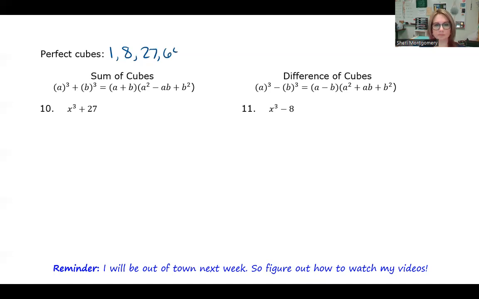Okay. What about 5 times 5 times 5? I really doubt you're going to see numbers bigger, but let's go ahead and do 6. What's 6 times 6 times 6?